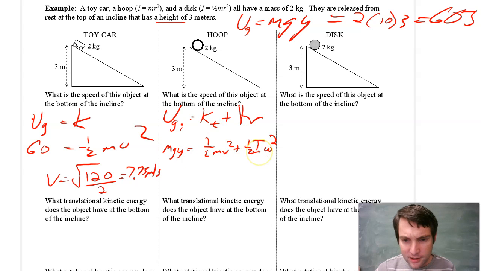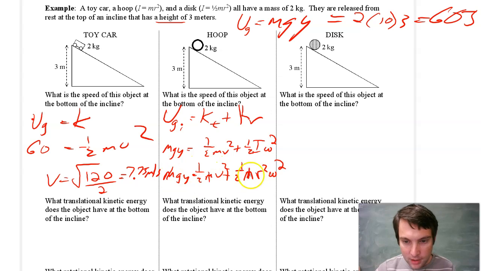We have I given to us. Let's get I in terms of m. So it's going to be 1/2, and this is a hoop, so let's use the right rotational inertia: mr squared times omega squared plus 1/2 mv squared. Now we can get rid of that m, make our life a little bit easier.